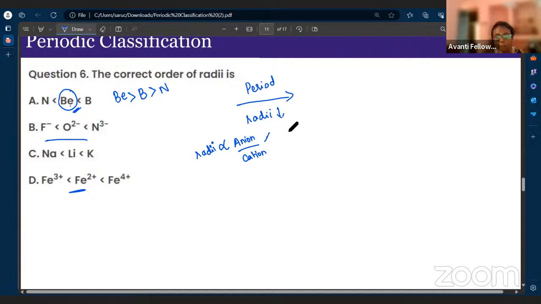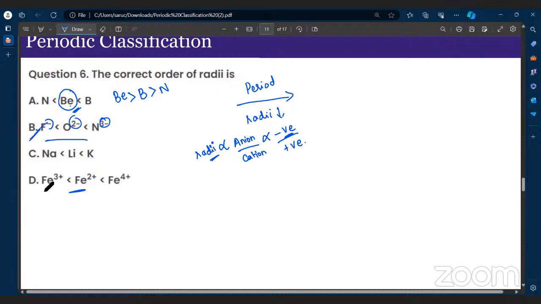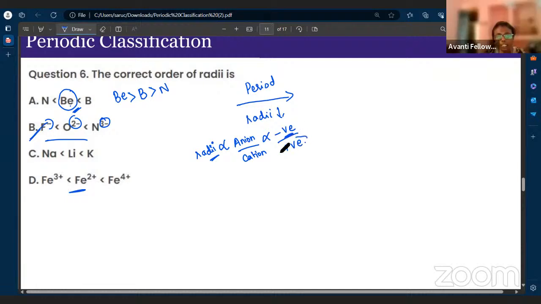So I can say it is directly proportional to negative charge, inversely proportional to the positive charge. As the negative charge increases, the radii will increase. So here you can see that negative charge increases, radii increases. This one is right. What about option D? It is inversely proportional. So as the positive charge increases, radii should decrease, but here it is increased, which is wrong. So option B is the right answer.